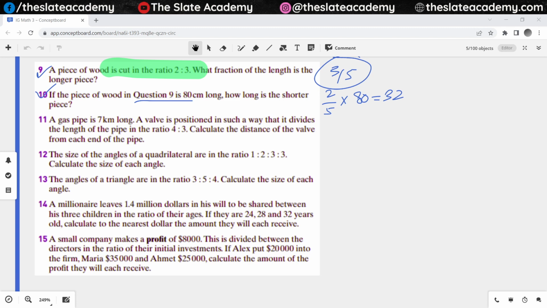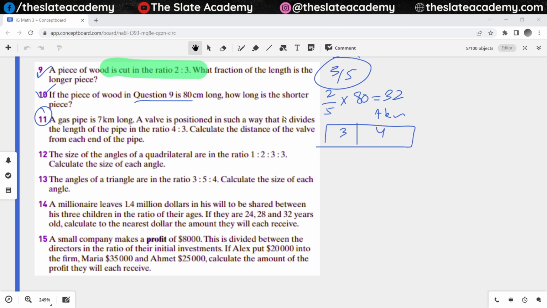7 multiplied by 4, 4 over 7 multiplied by 7. That would give you the distance from the one end. What about the other end? So if this is the pipe and let's say the whole pipe is 7 km long, you are dividing it into two parts, 4:3.